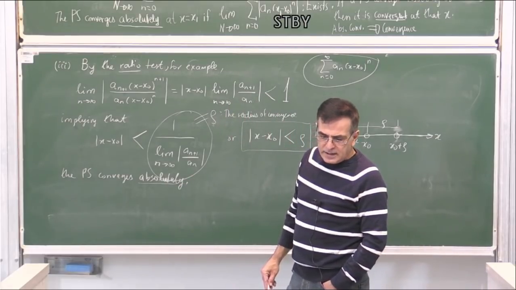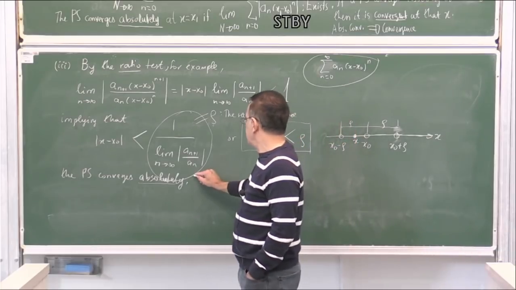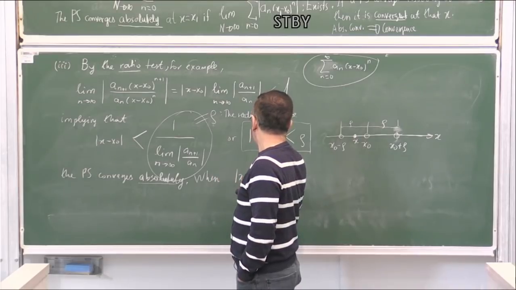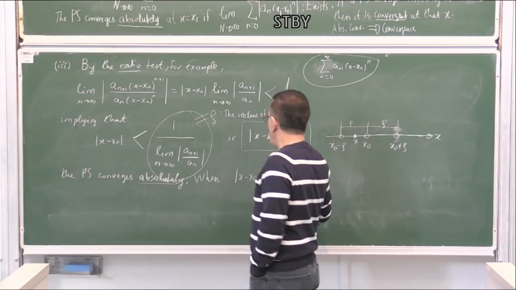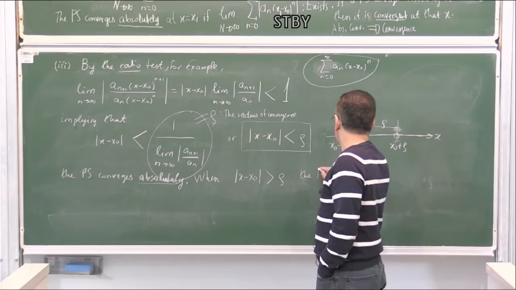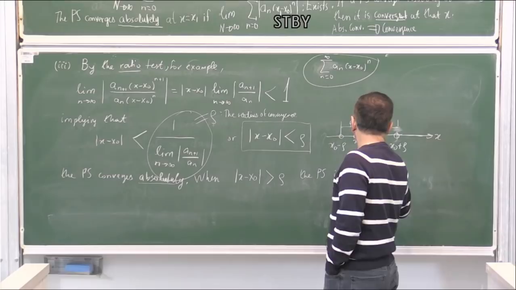Clearly, when |x minus x0| is larger than rho, the power series is divergent.